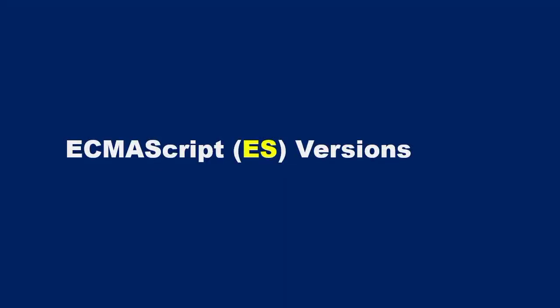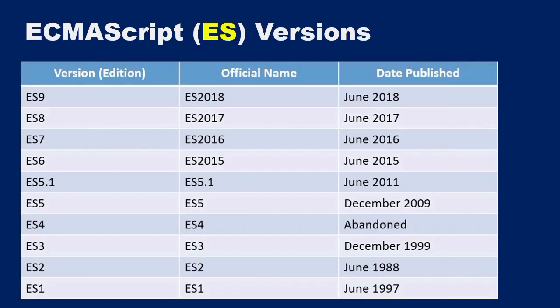There are different editions or versions of ECMAScript. This is a simple table showing all the versions of ECMAScript. The table shows the version or edition, the official name, and date published. Each version release consists of new features.